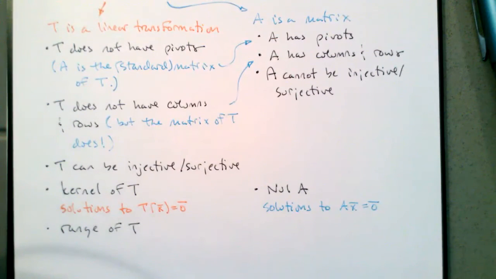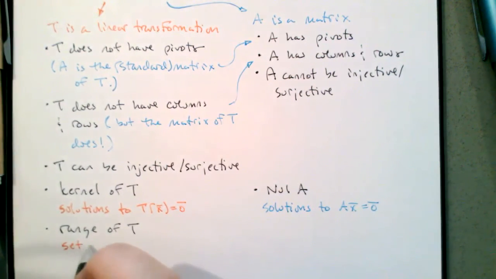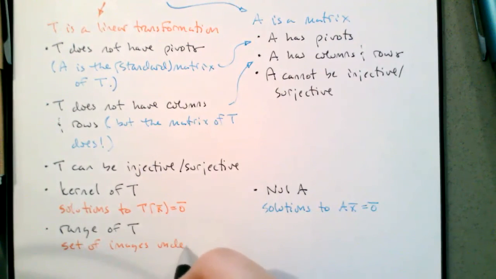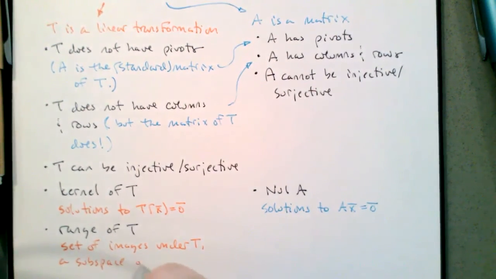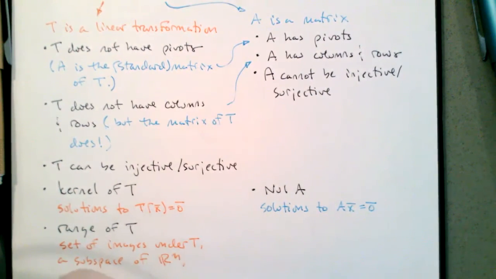That would be all the images under T. This is going to be a subspace of the codomain, of Rm.